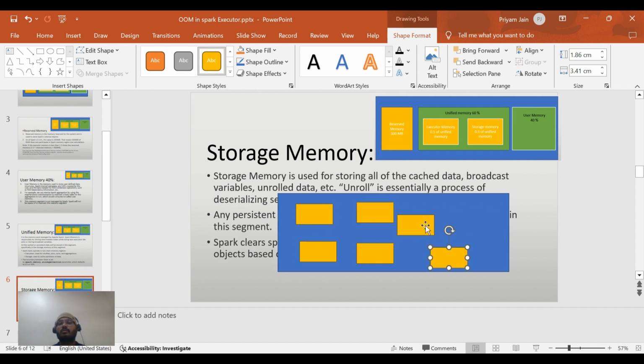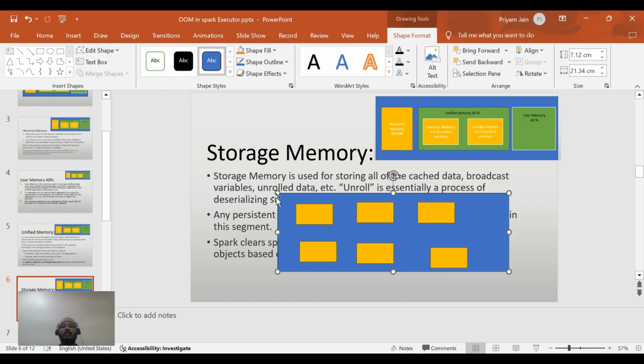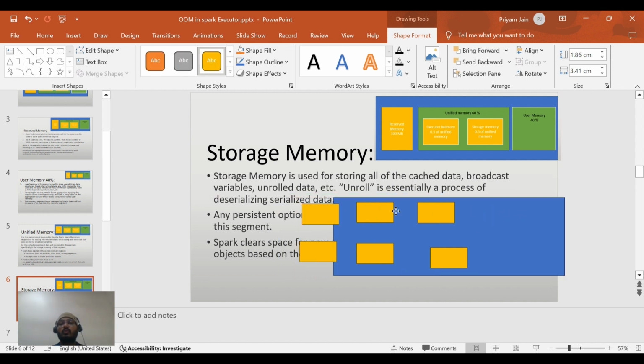LRU means least recently used. So which part of the cached memory is least recently used? Suppose this part of the cached memory is least recently used, this part of the cache is not used.